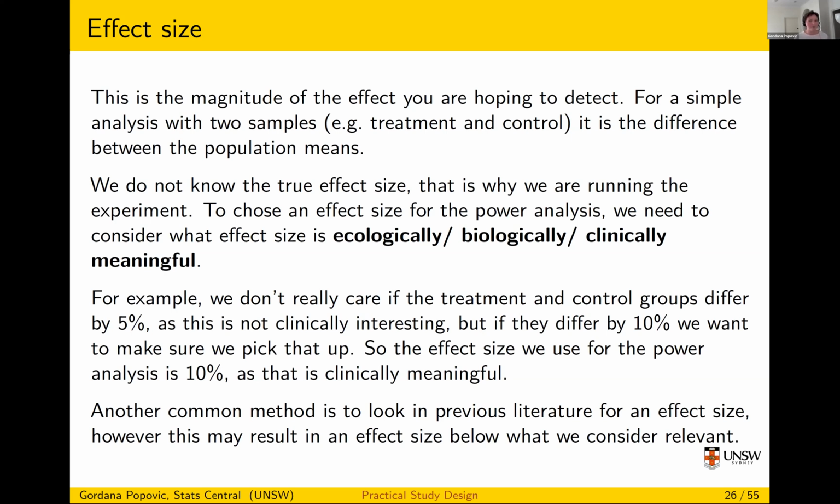I'll talk about that in a minute, but also in that kind of case, definitely come and see a statistician. We're always really happy to help with these kinds of things. We're almost more useful at the study design stage than we are at the statistics stage. We know lots about stats and we can help you with that, but it makes much more impact if you talk to us at the study design stage.